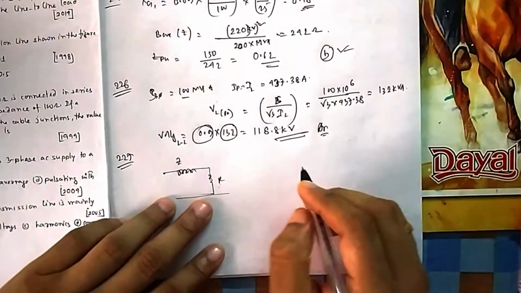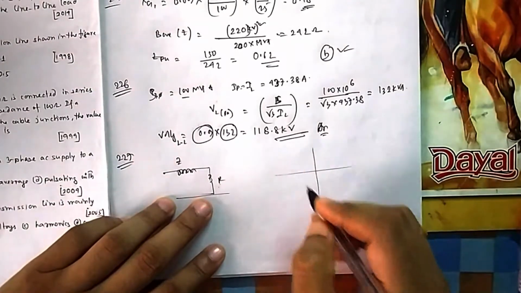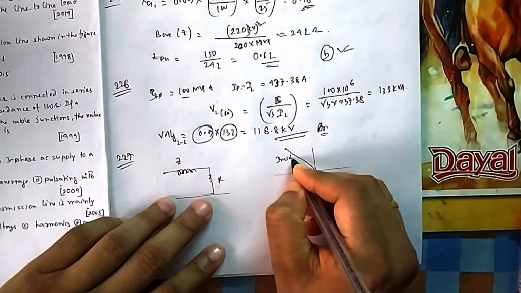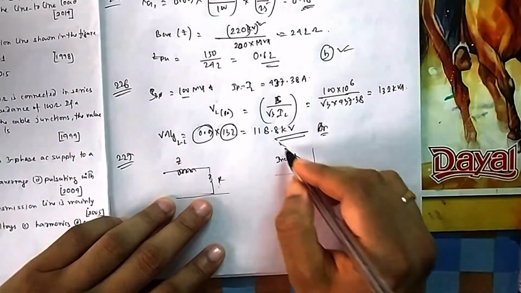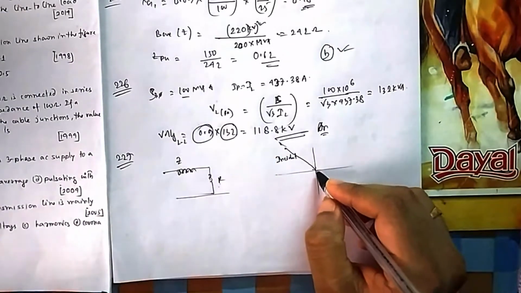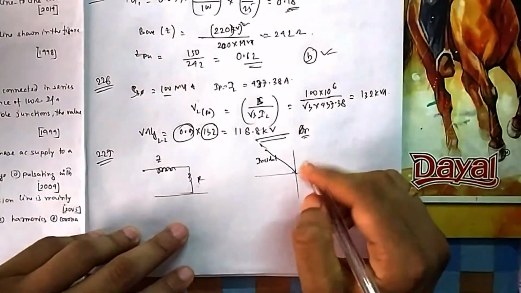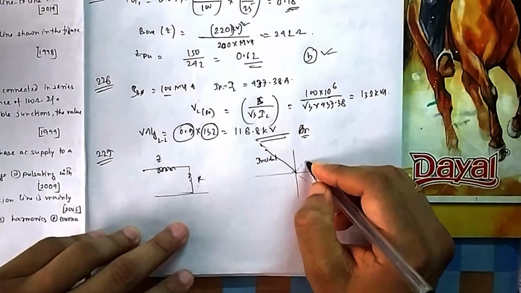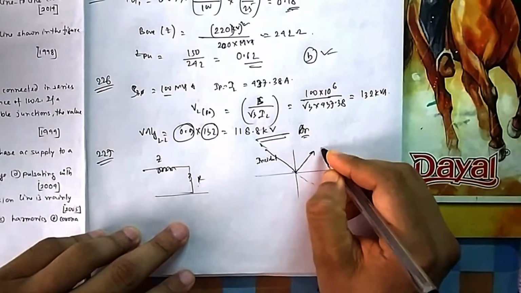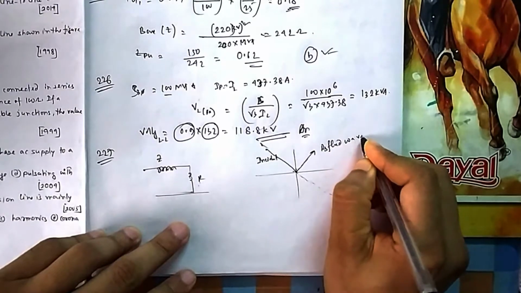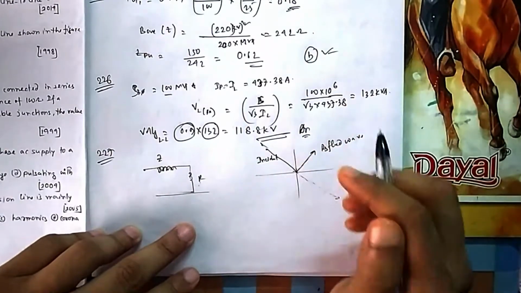This is your incident wave. If nothing problematic happens here, it should go the same way, that is your dotted line. But what happens is some portion gets reflected. Suppose this much portion is reflected. The entire thing can also be reflected, but I am taking a small portion.